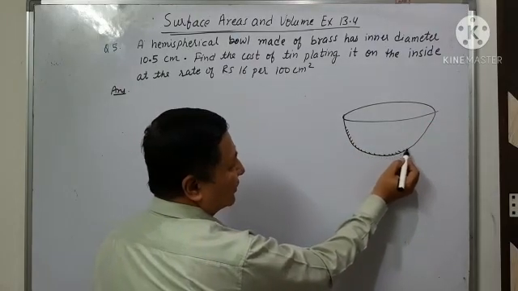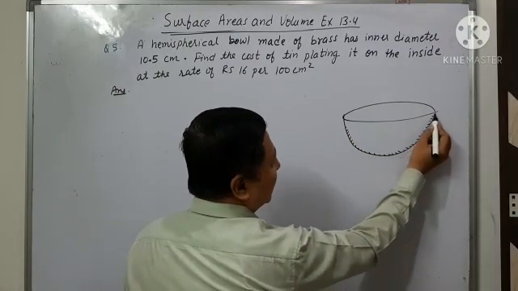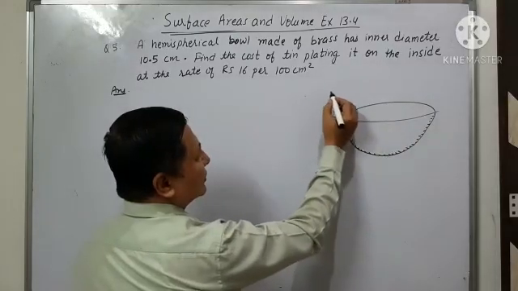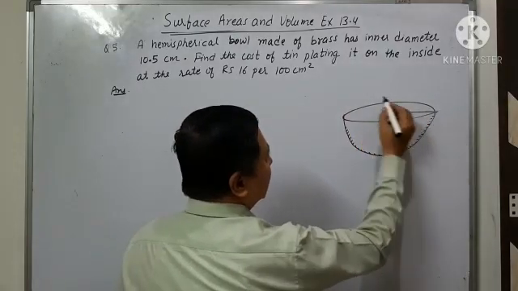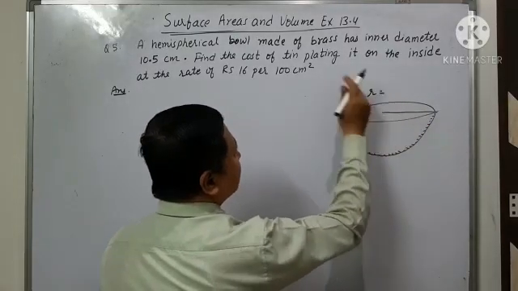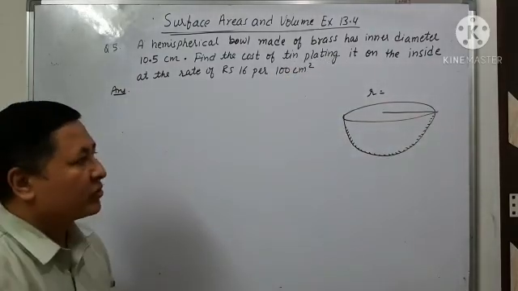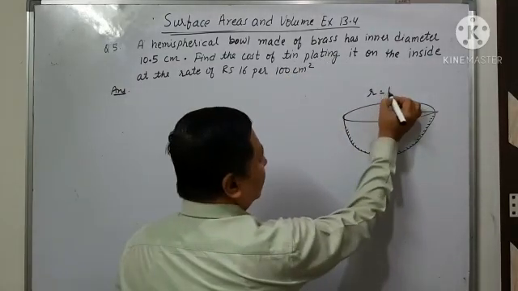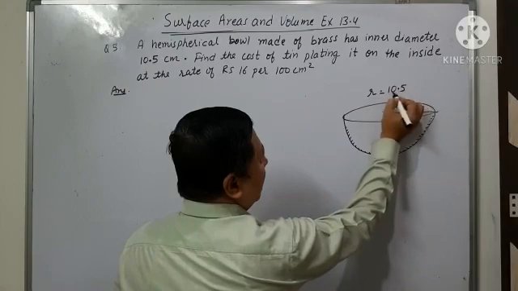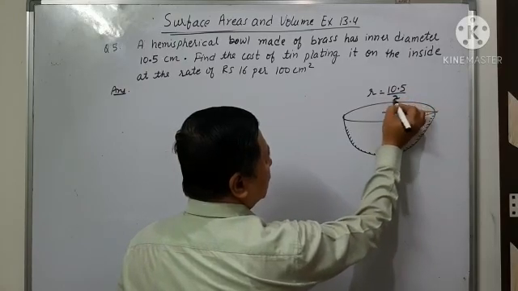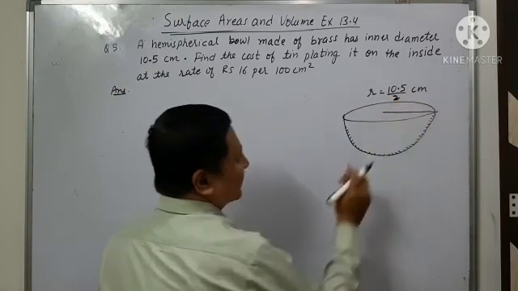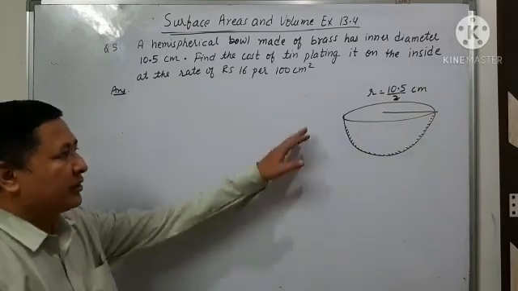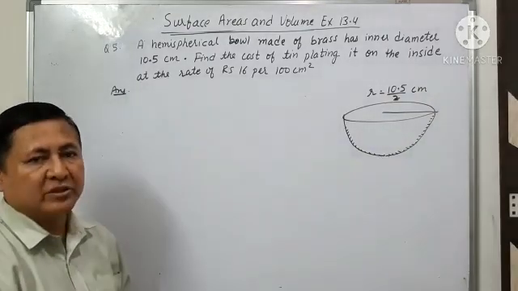So we have to find the inner curved surface area. The diameter is 10.5, so the radius will become 10.5 upon 2 centimeter. That equals 5.25, but we are keeping it as such, 10.5 upon 2 centimeter.